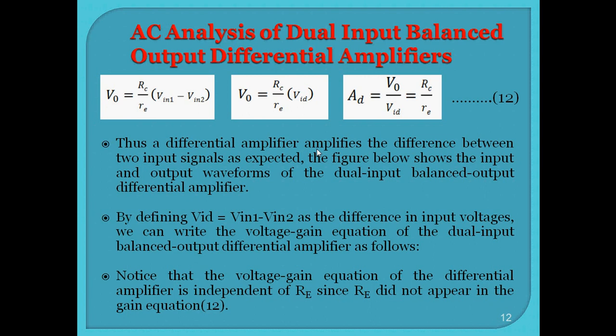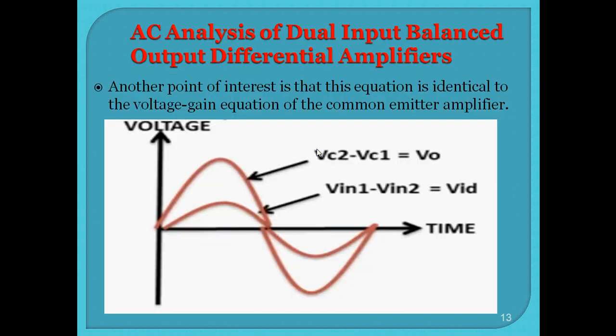We can notice that the voltage gain equation of the differential amplifier is independent of emitter resistor RE, since RE did not appear in the equations. That is, the voltage gain equation AD is equal to capital RC by small re. Another point of interest is that this equation is identical to the voltage gain equation of the common emitter amplifier.